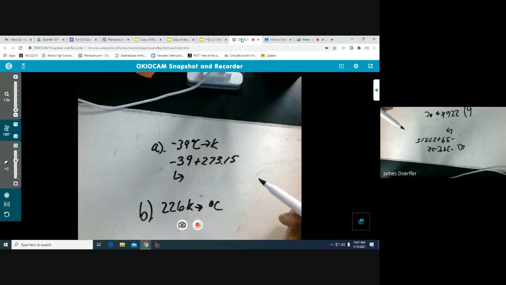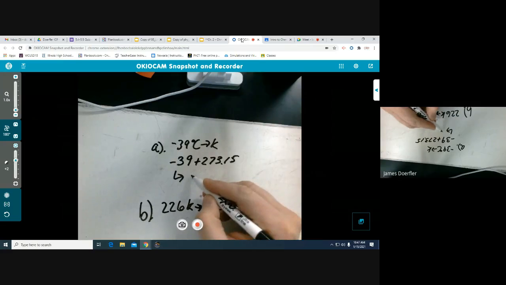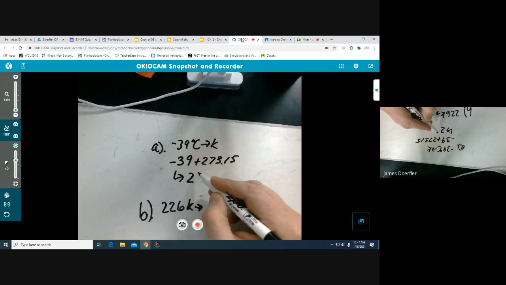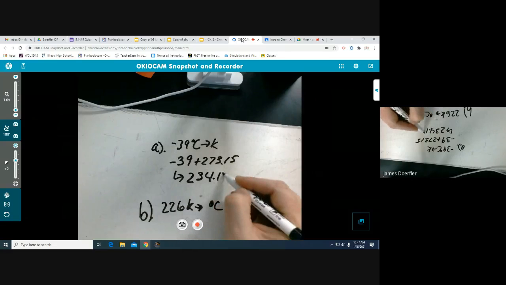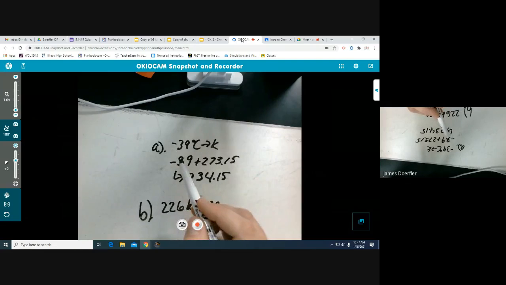Are you putting a negative sign on 39? Anybody get anything different? 231. So we said 234.15. Yes, make sure you put that negative in front of that 39 there, and then add 273.15.